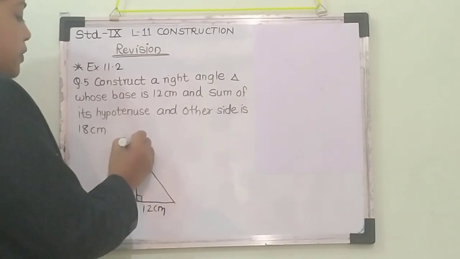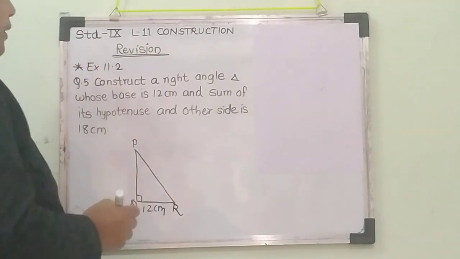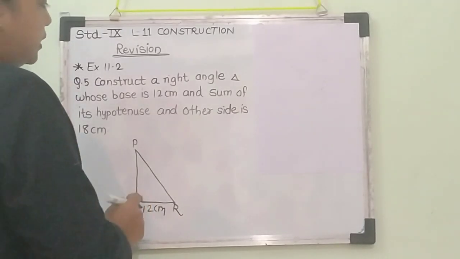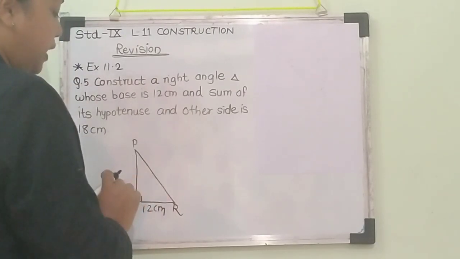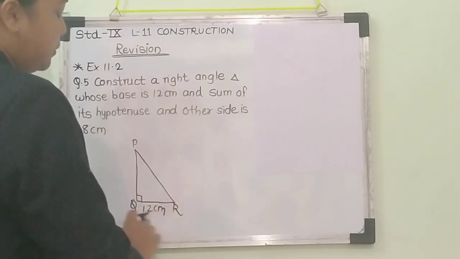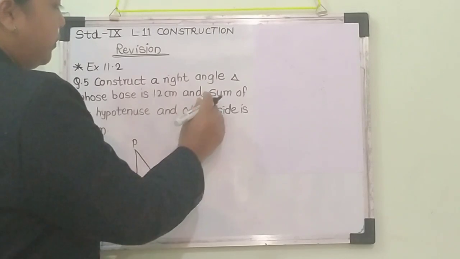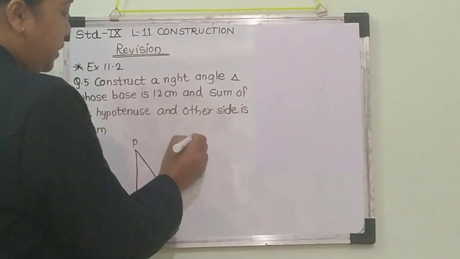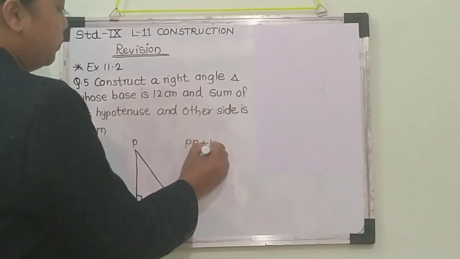Correct? Suppose here P, Q and R. It is our required triangle that we have to construct. In this, the triangle is a right angle triangle, so one angle should be 90 degrees and the base is given as 12 centimeter, plus we are given the sum of its hypotenuse, which is PR, and the other side, that is PQ.